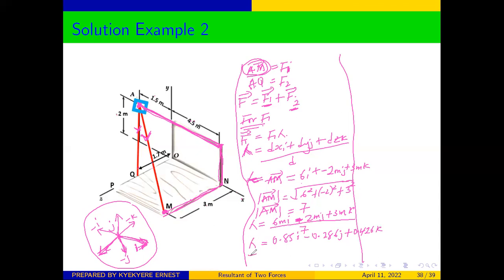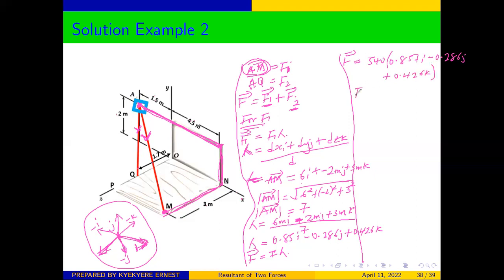Then once we have been able to obtain our lambda, we can get our force, because we know that our force in the vector form is equal to F lambda. We have been given F in the question, that Fm is 540. So our force in the vector form will be equal to 540 into bracket 0.857 i minus 0.286 j plus 0.426 k.